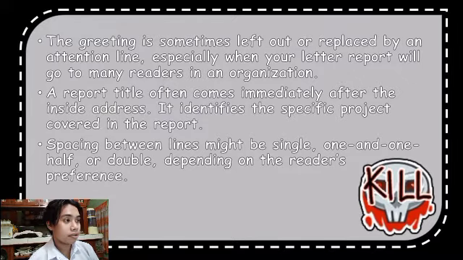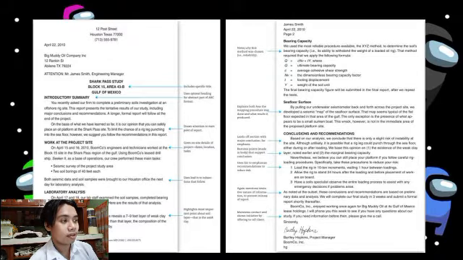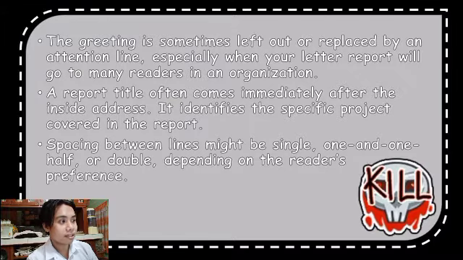I will show you an example of this. A report title often comes immediately after the inside address. This identifies the specific project covered in the report. And lastly, spacing between lines might be single, 1 1/2, or double. It depends on the reader's preference.